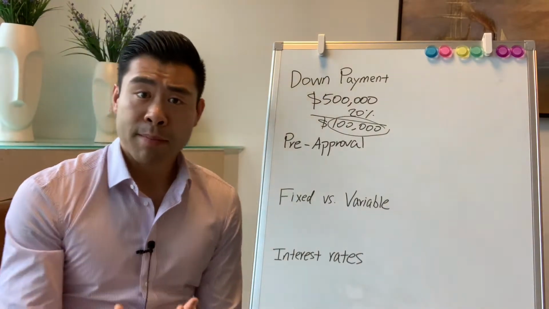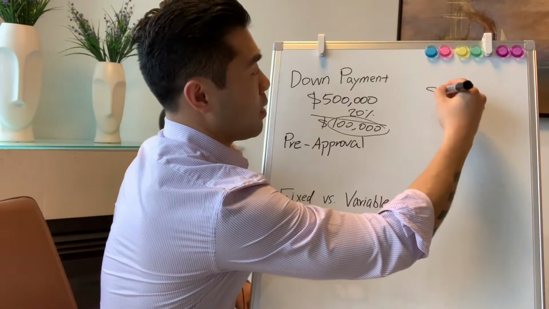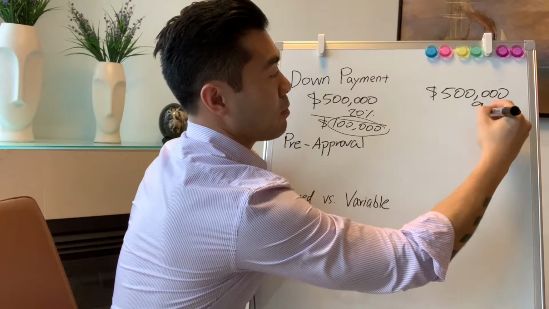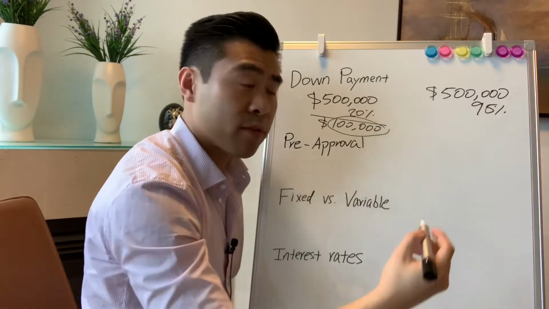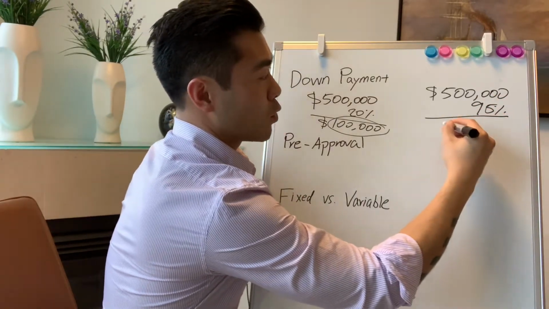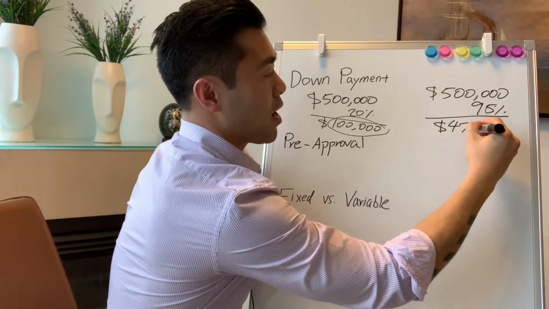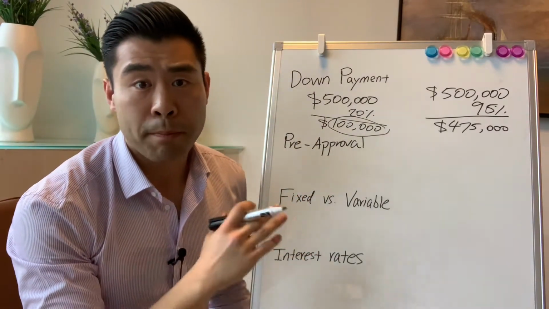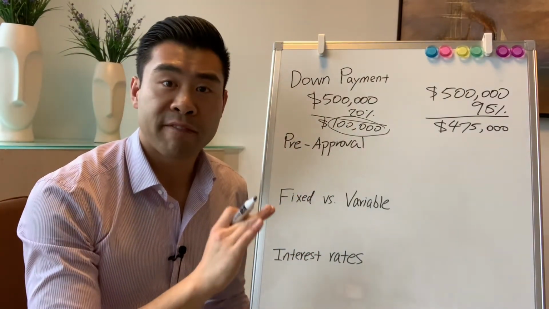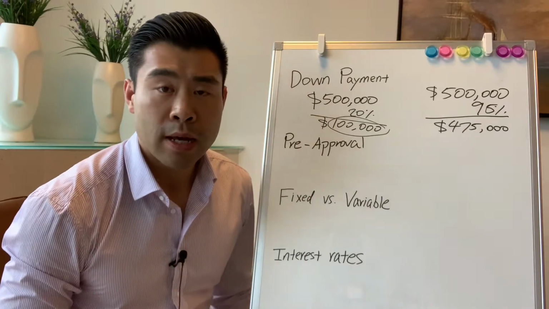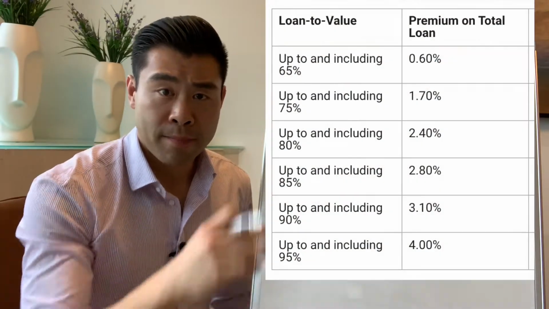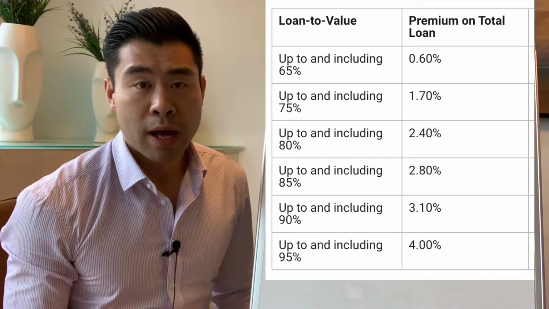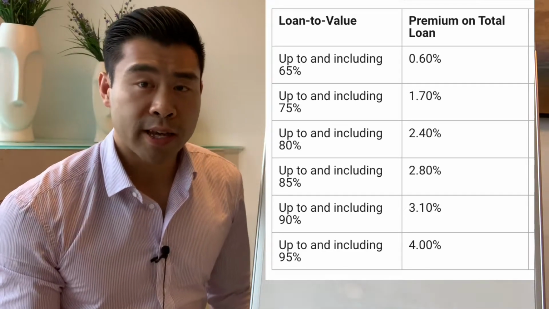So in the case of the same $500,000 house, at 95%, this is how much we're going to take from the bank: $475,000. So this $475,000 is what the bank is going to put up, and you only have to put down the 5%, which is the other $25,000. Now in this case, looking at the chart, at 95% you're going to be paying a 4% premium to cover the insurance in case you default.